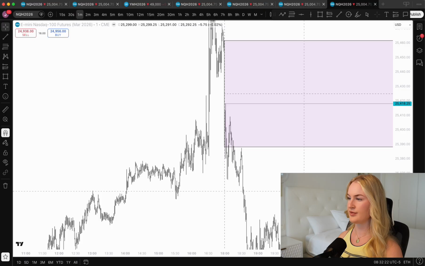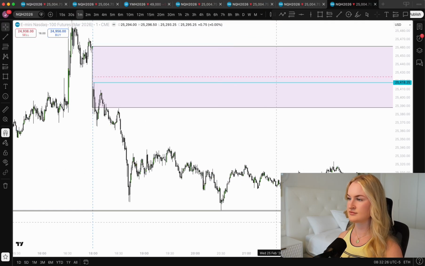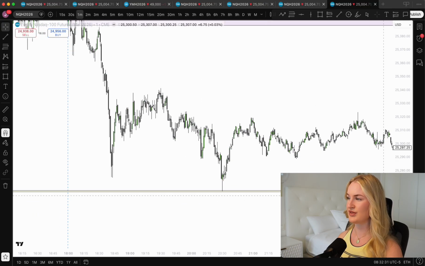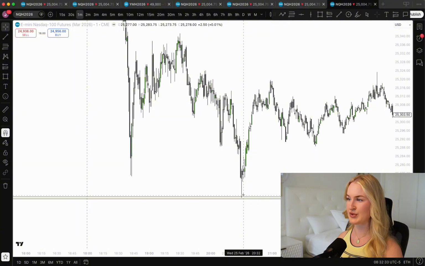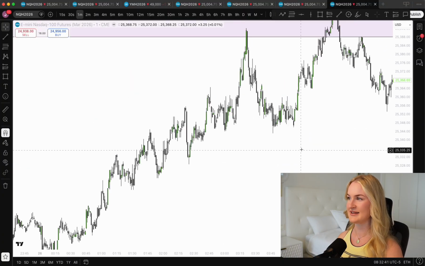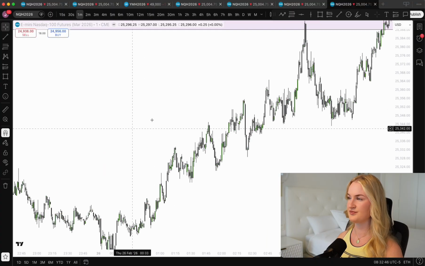Then we open up again the next day. Here again, to the freaking tick, support at the previous day, first percentage fair value gap. And then we just spool to the upside. It's crazy. This is in the Asia session.